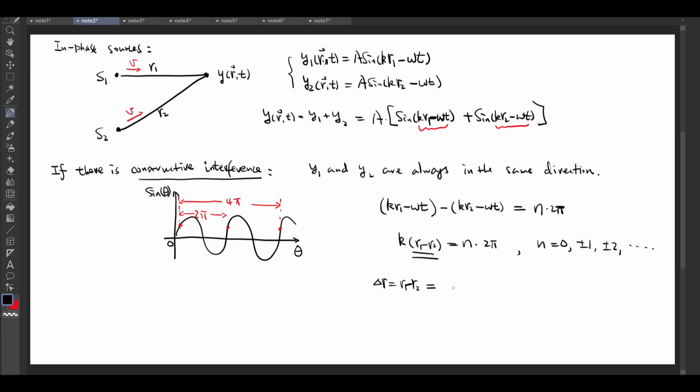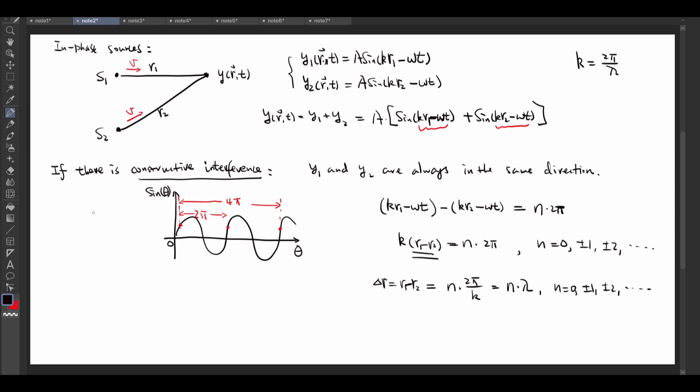So let's move k to the right side. Now remember, the wave number k's definition is 2 pi over lambda, so 2 pi over k is actually lambda. So we get n times lambda, with n equals 0, plus minus 1, plus minus 2, etc.